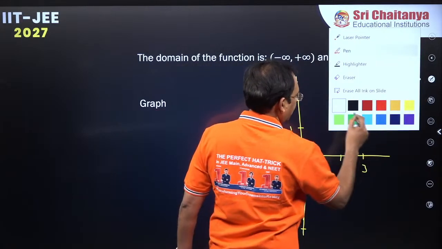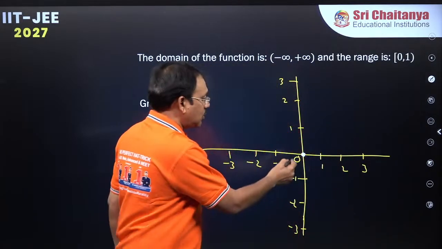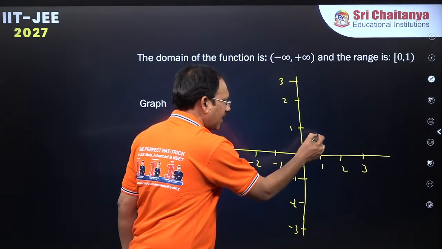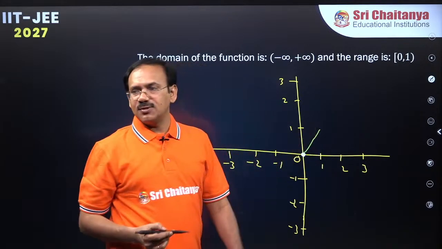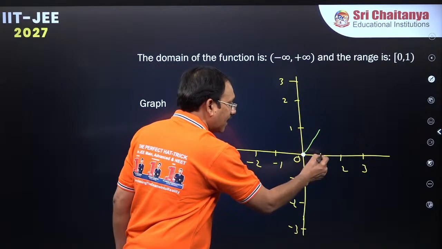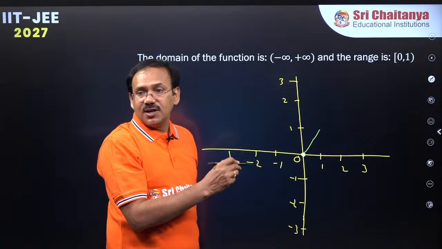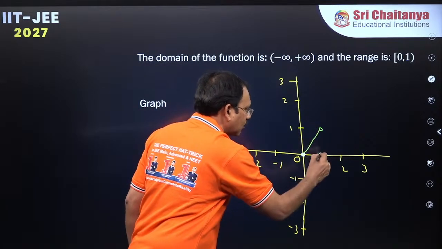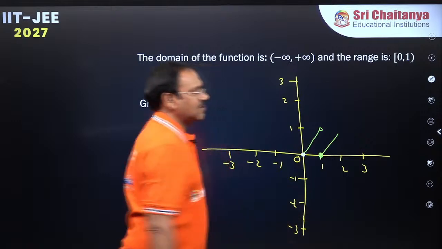For 0.1, fractional part is 0.1, and for 0.9, it is the same as x. But for 1, which is an integer, fractional part is going to be 0 again. So you can put a hole, it goes like this.